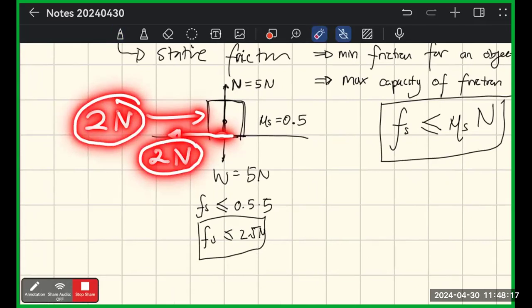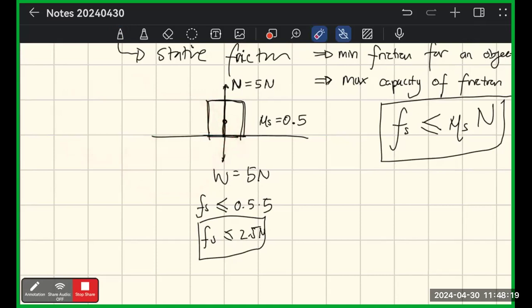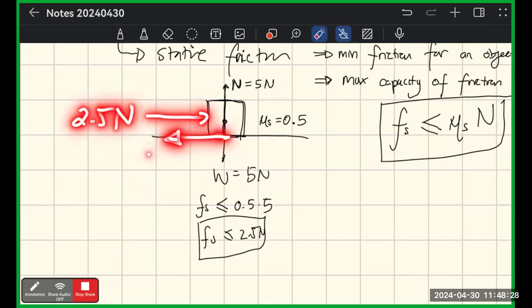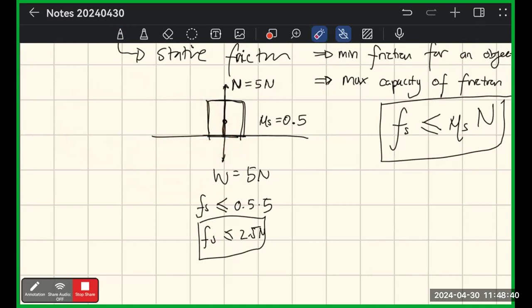So it's static. If we have 2.5 Newton, it will also give out the same 2.5 Newton so that it balances out the horizontal force, so it remains stationary. It's not moving.